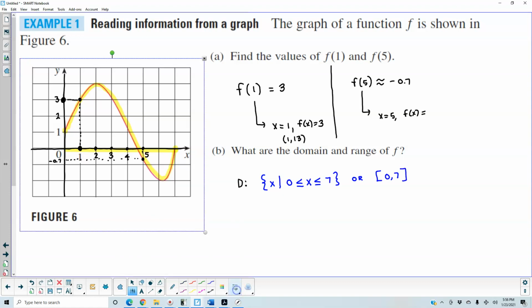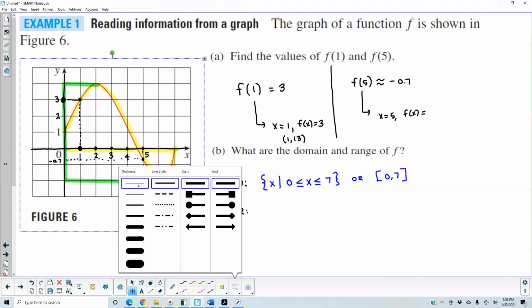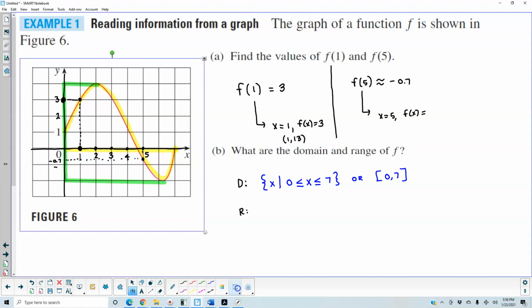Now if we want to find the range of this function, we're going to look at the y-axis. The height of this graph starts here, and the lowest part of the graph is right there. So it goes from here to here, and let's take a look at the values on the graph. We know that it goes to negative 1, and then this is negative 2, and the highest that it goes is to 4.